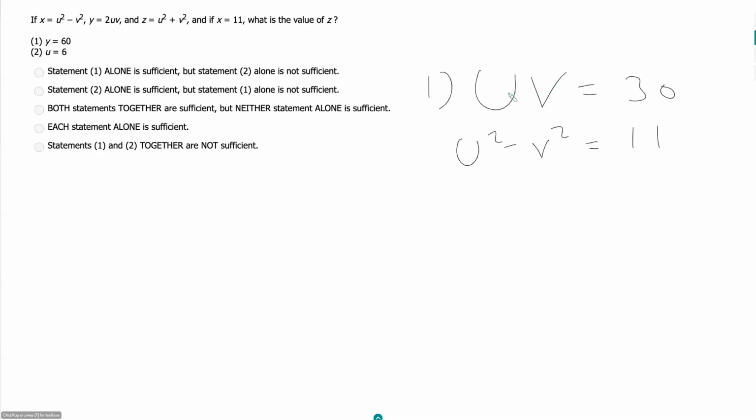We know that both of these equations are telling me something about u and v. So u times v has to be two numbers that multiply to 30, and the difference of their squares is equal to 11.